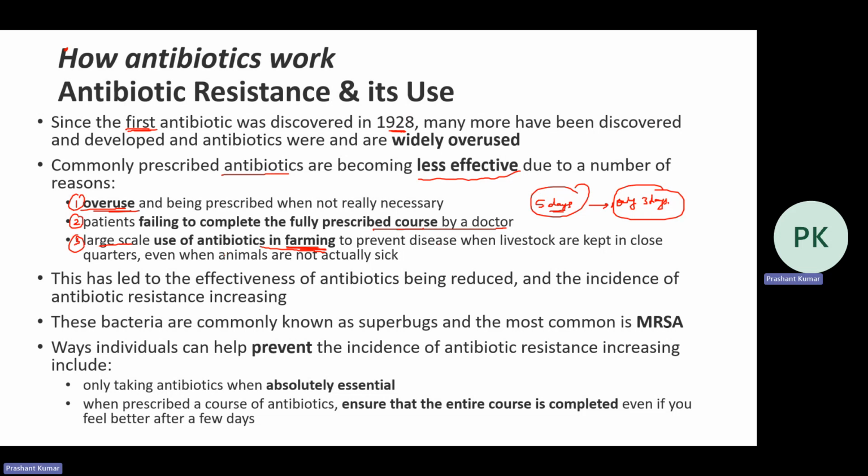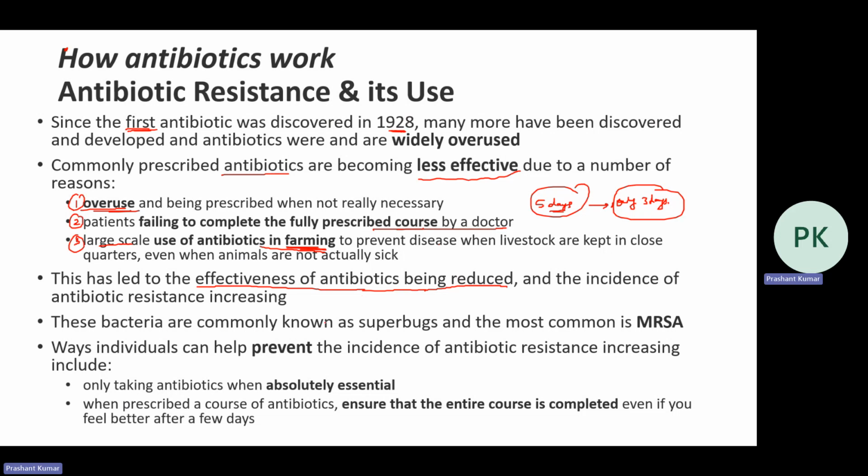You are knowingly or unknowingly generating resistant bacteria. This has led to the effectiveness of the antibiotic being reduced. If the effectiveness reduces, then the purpose has gone. Now they are not going to affect any metabolic reaction because the bacteria are more resistant.